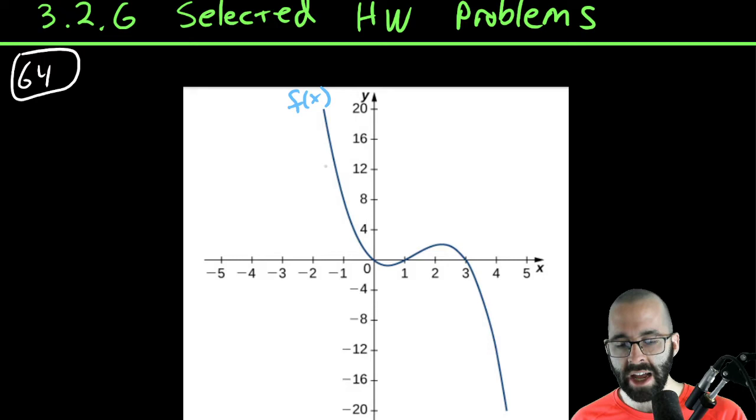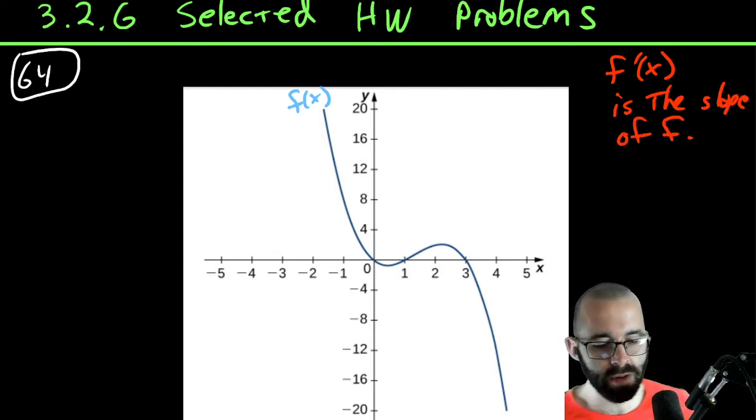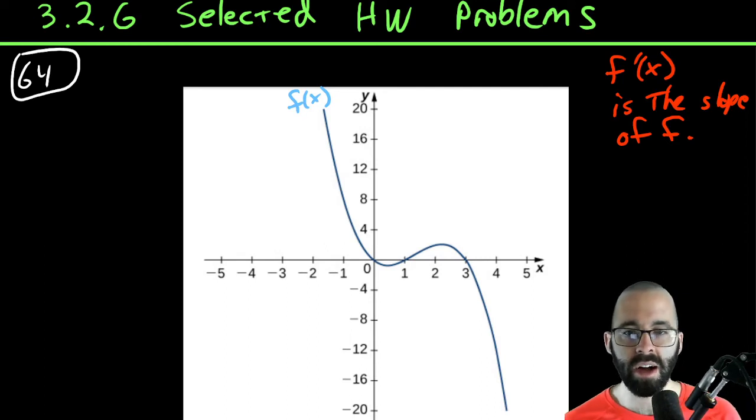So again, we just estimate a bunch of slopes. The slopes are going to give us the derivative. Let f prime of x be the slope of f. So just look at the slope of the blue graph and plot that y value.